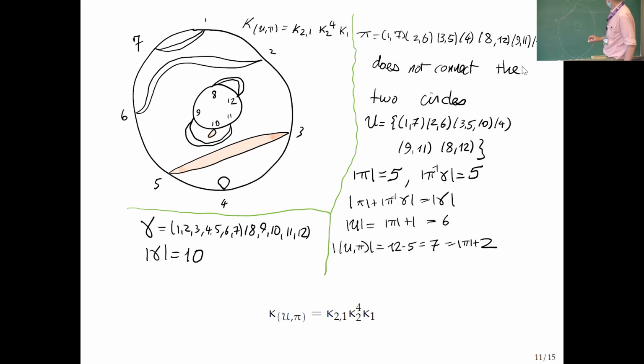And then I'm going to do 8 and 12. And then I'm going to do 9 and 10. Now, there's a little bit of ambiguity when they don't go across, whether you draw it up or down. And so I'm going to do it this way. And then I have 2 and 6.